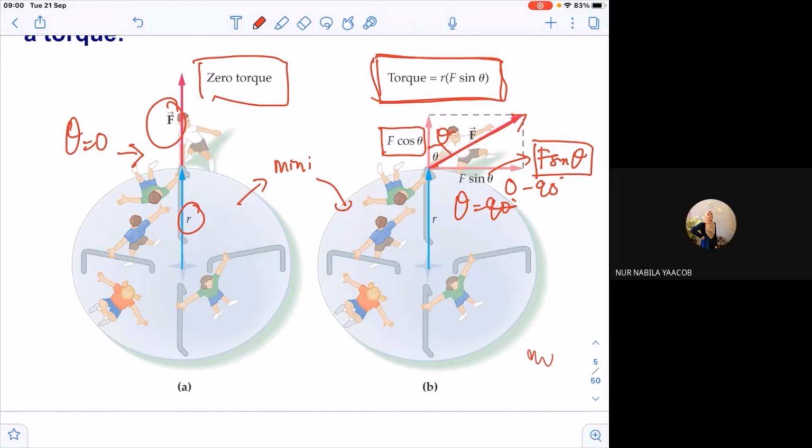When you give a value to theta, let's say 90 or any number except 0, we have two components: the component parallel to the R and the component perpendicular to the R. The one we should consider in order to calculate torque is the component of force perpendicular to the lever arm.